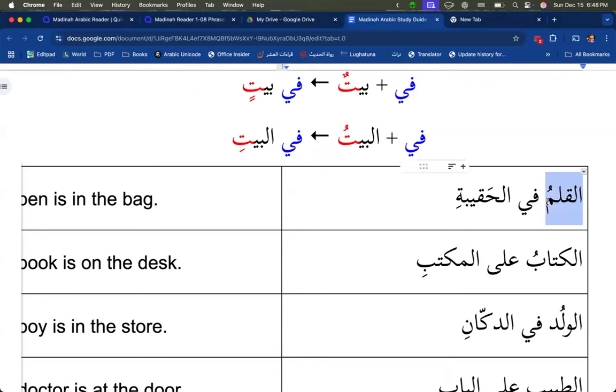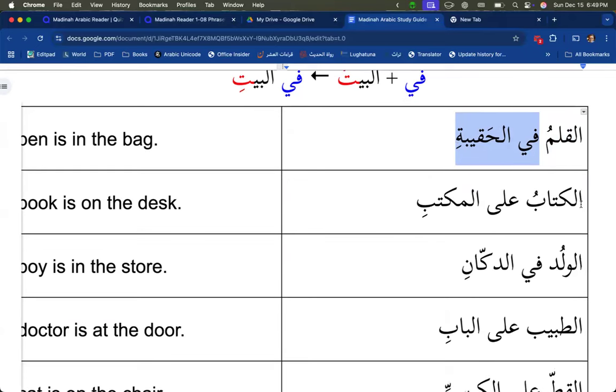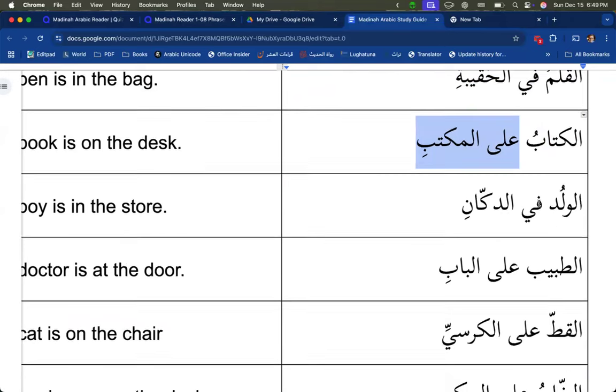Remember, our mubtada has to be definite, and this becomes a khabar. Fil haqibati is majroor, but in nature it is marfu, and we will learn that later. Not important right now. Al-Kitabu, definite, marfu, and then ala al-maktabi. The book is on the desk.